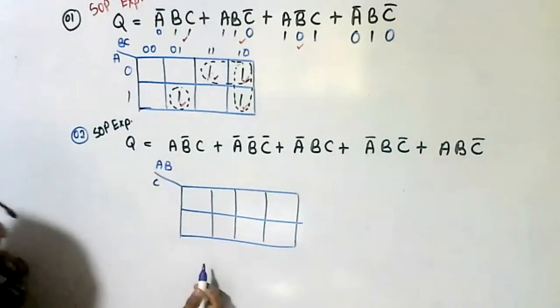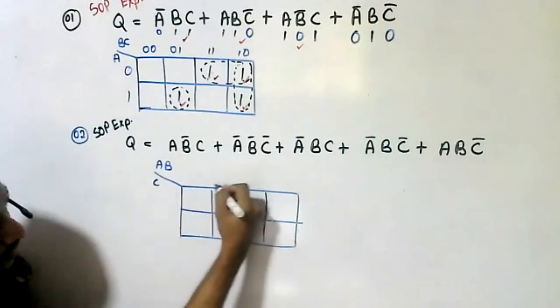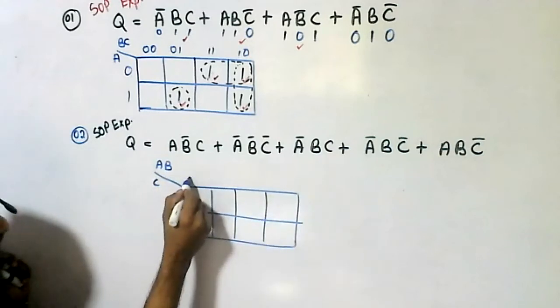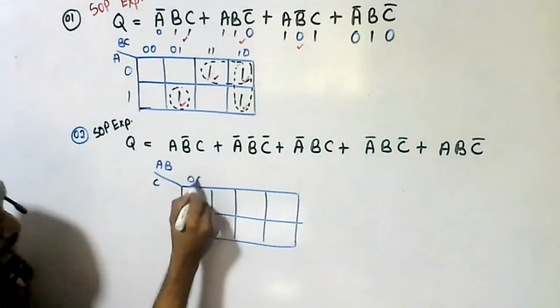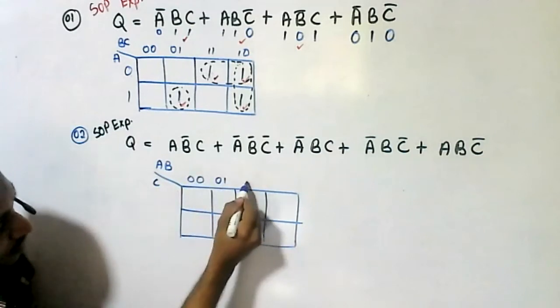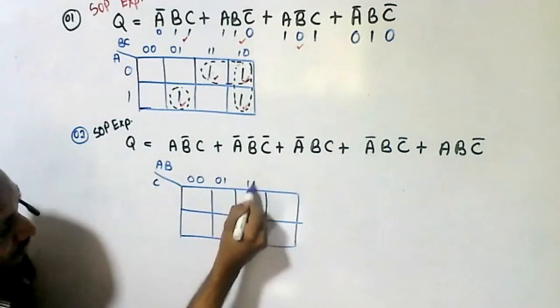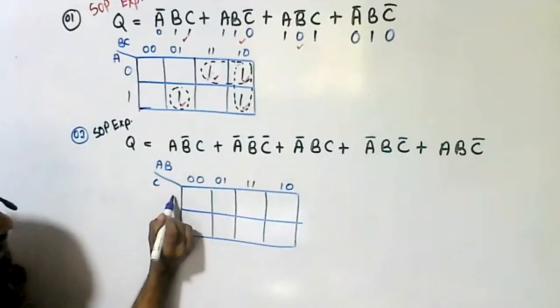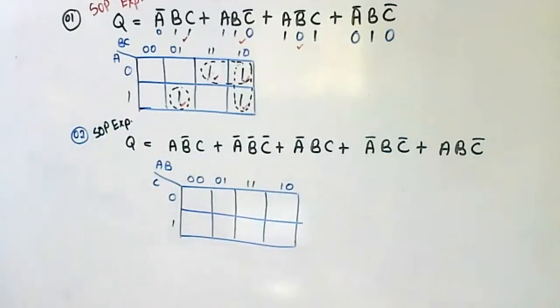Right, Duria, can you tell me the column headers and the row headers? Column headers: 0, 0, 0, 1, 1, 1, 1, 0. Row headers: 0, 1. Right, I'm going to mark the ones here.